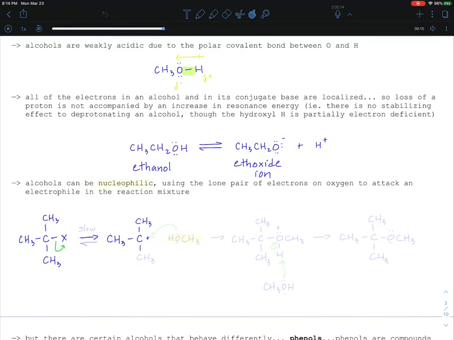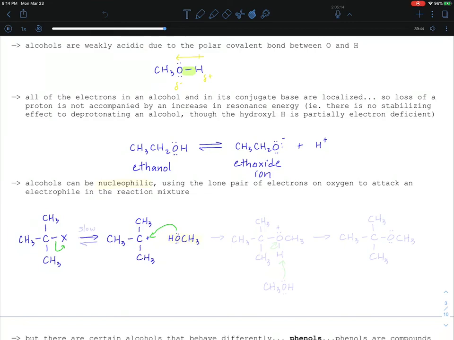And this is where we used methanol a lot when we were talking about SN1 reactions. This is one of those situations where it's kind of nice because you can use the methanol as both the solvent and the nucleophile. But now check it out, because we're using those localized electrons, the lone pairs on the oxygen, as a nucleophile.